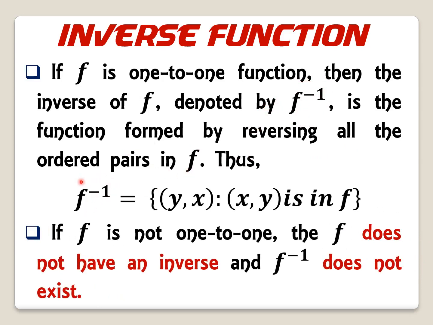Therefore, you have here the inverse function will be equal to y and x for the function xy which is in f. Now, if f or the function is not one-to-one, there is no inverse function, or the inverse function does not exist.